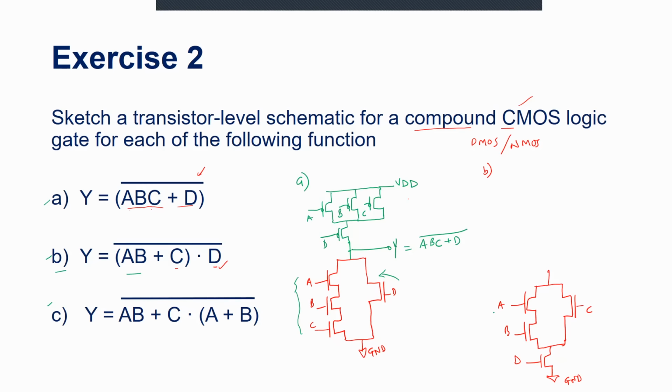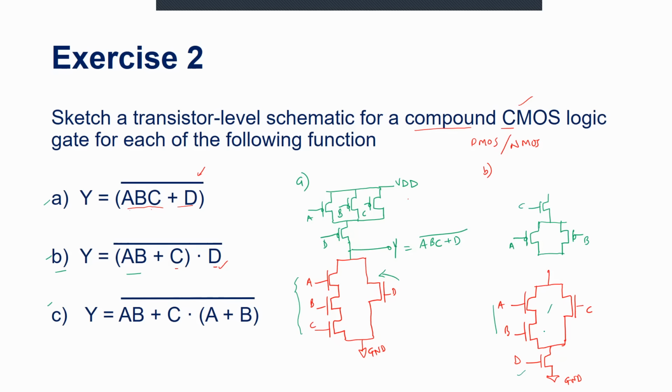A and B are in series, the NMOS switches. What I can do is draw A and B in parallel for the PMOS. So A and B go in parallel. Now C is in parallel with A and B, so C comes in series with that.